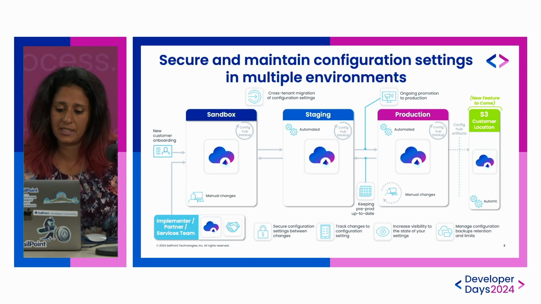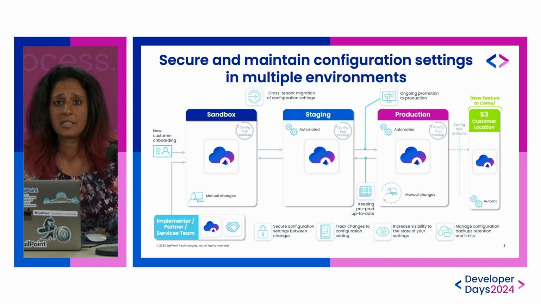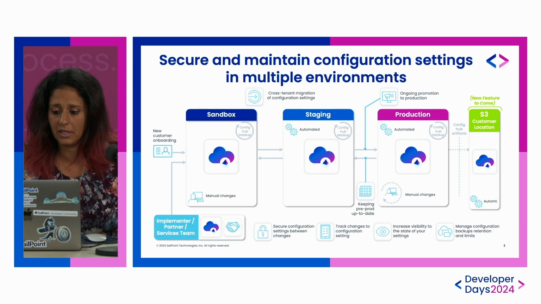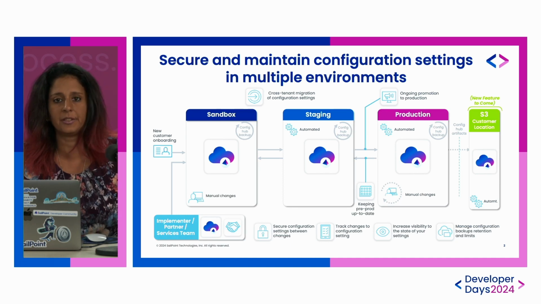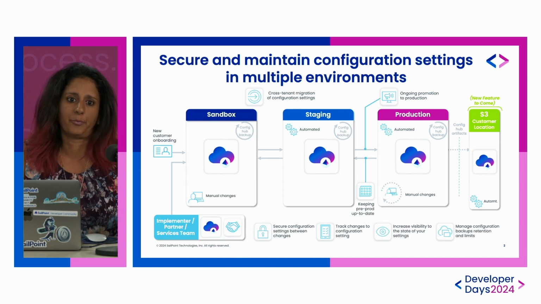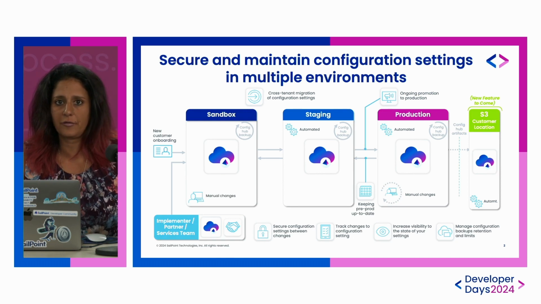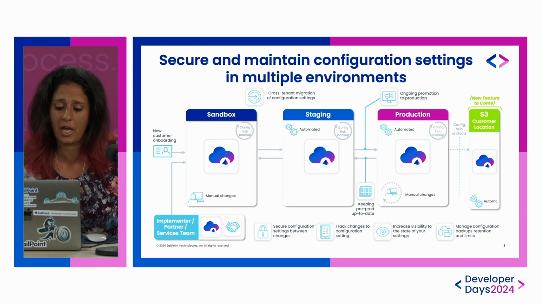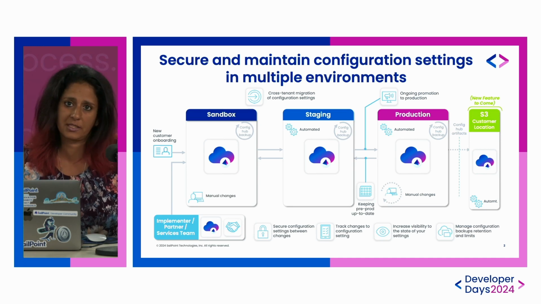Another use case is when you don't have access to the tenants. So in case of an implementer, a partner, or services teams that have pre-created sets of configuration templates, and they want to bring them over to Configuration Hub in order to deploy to customers, for example.